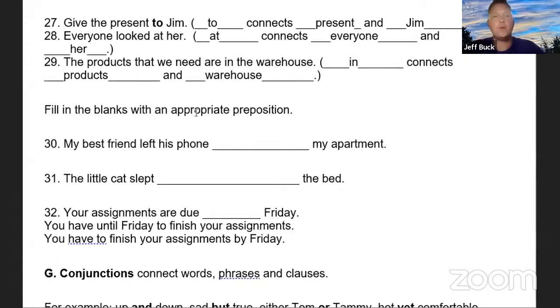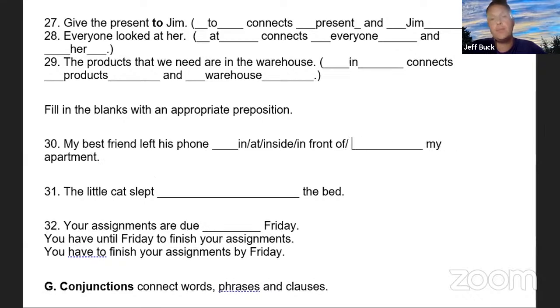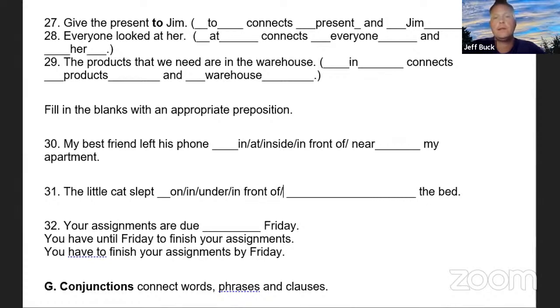My best friend left his phone in my apartment, at my apartment, inside my apartment, in front of my apartment, near my apartment, etc. Number 31, the little cat slept on the bed, in the bed, under the bed, in front of the bed, near the bed, etc. The difference between on the bed and in the bed: on, and then in would mean under the covers, under the blankets.